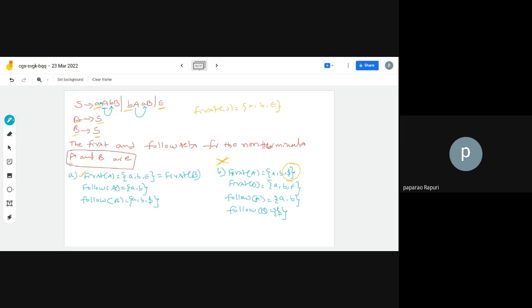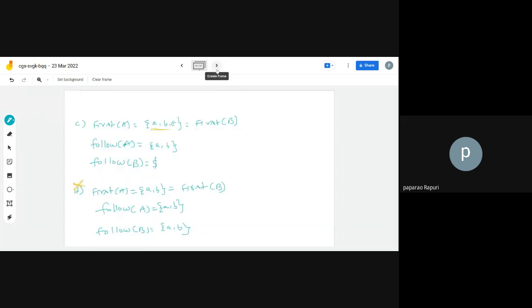So from this we can say follow of A equals to small b, small a. Yes, it is satisfying. So we will check one more. It is also satisfying.